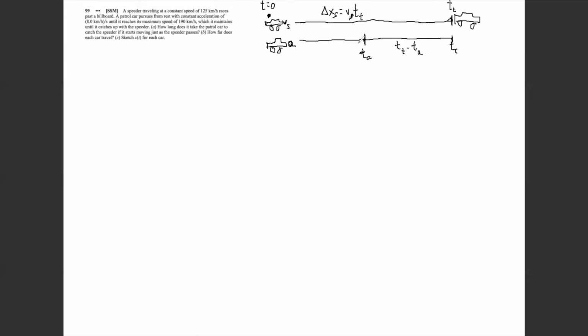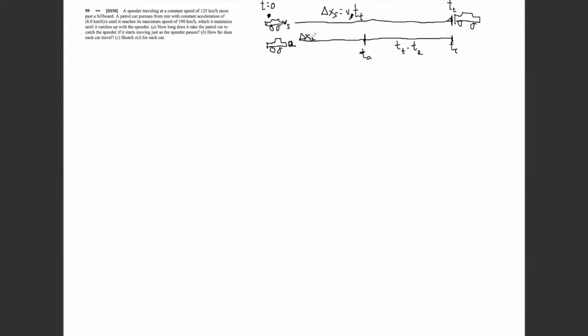Now, while the police officer is accelerating, we're going to have delta X of the police car while it's accelerating. I'll call it delta X A. I could call it delta X PA, but when you start having a lot of subscripts, it starts getting a little cluttery.